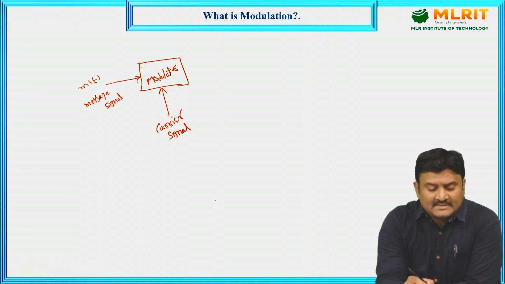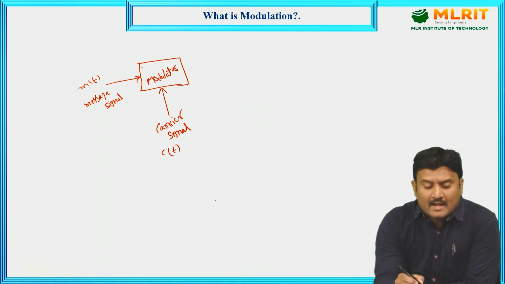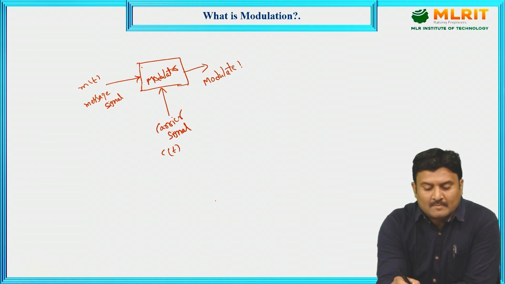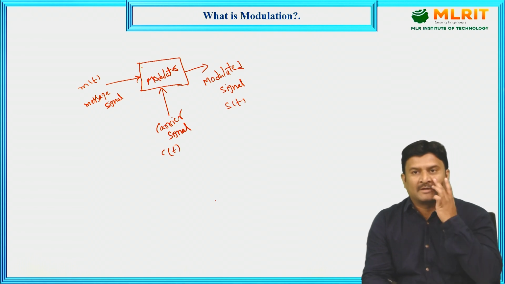So the message signal is m(t), the carrier signal is c(t), and the output of the modulator block is the modulated signal, represented as s(t).